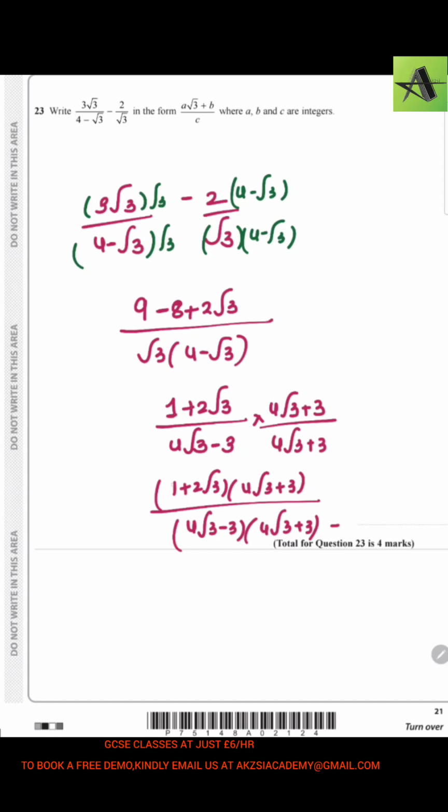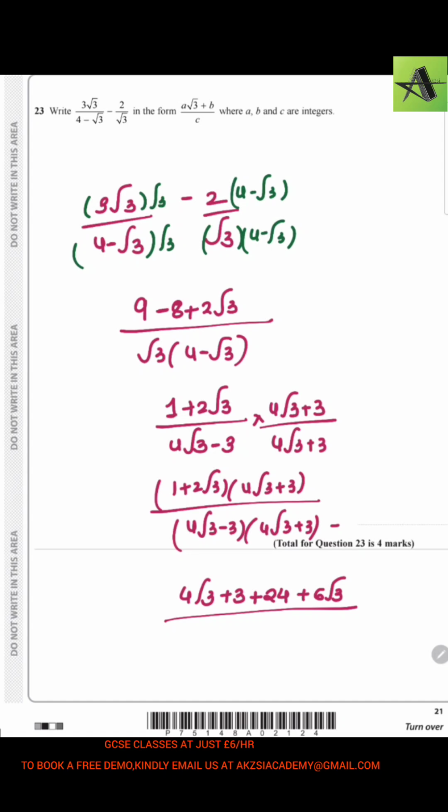So now expanding, 1 times 4 root 3 is 4 root 3. 1 times 3 is plus 3. 2 root 3 times 4 root 3 is 24. 8 times 3, yeah, 24. Plus 6 root 3 over. Now this is a plus b times a minus b.